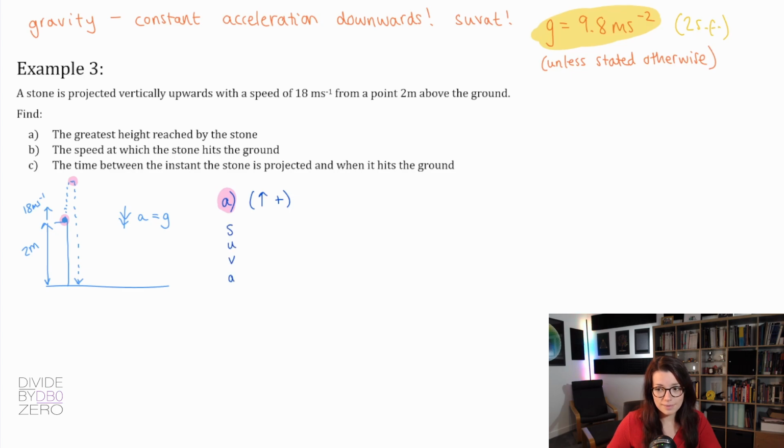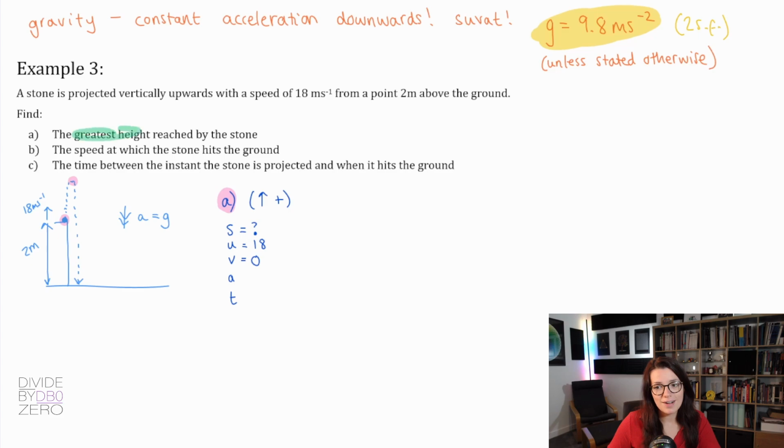If we write down suvat, we want to know the greatest height, so we'll put a question mark for s. We know that the initial velocity upwards was 18, so we're going to use plus 18. At the greatest height reached by the stone, velocity will in fact be 0.